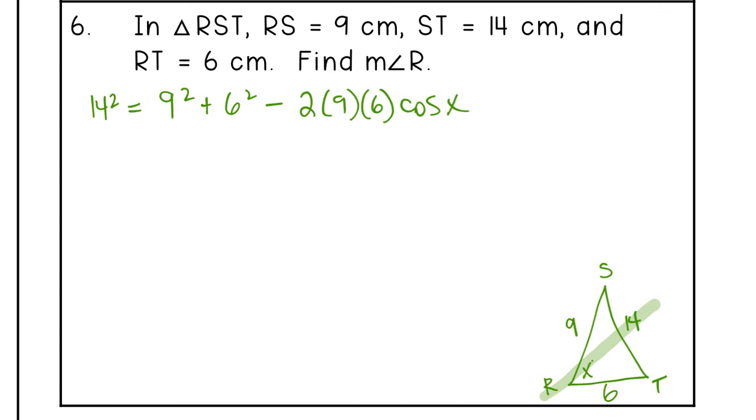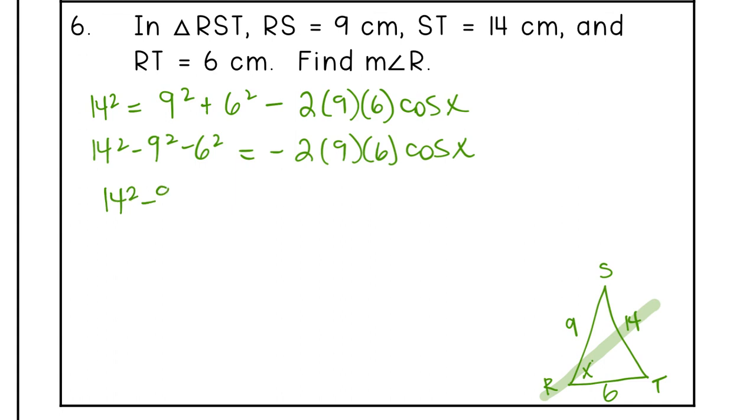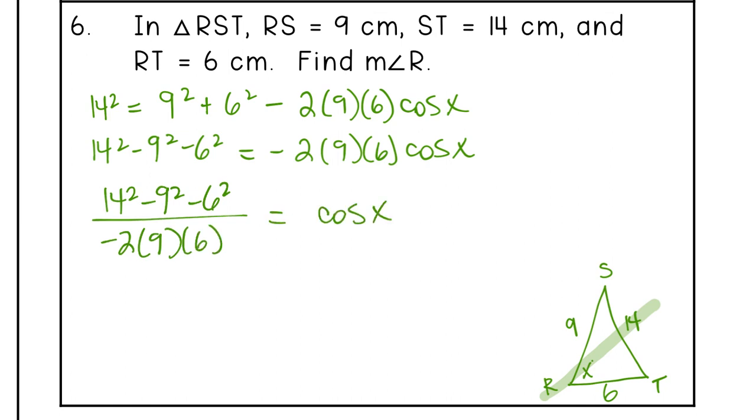Okay, so I'm going to subtract these first two terms. And that's going to equal what's left over. So negative 2 times 9 times 6 cosine x. Then the next three terms, we're going to divide them over to the other side, and that'll equal cosine of x.